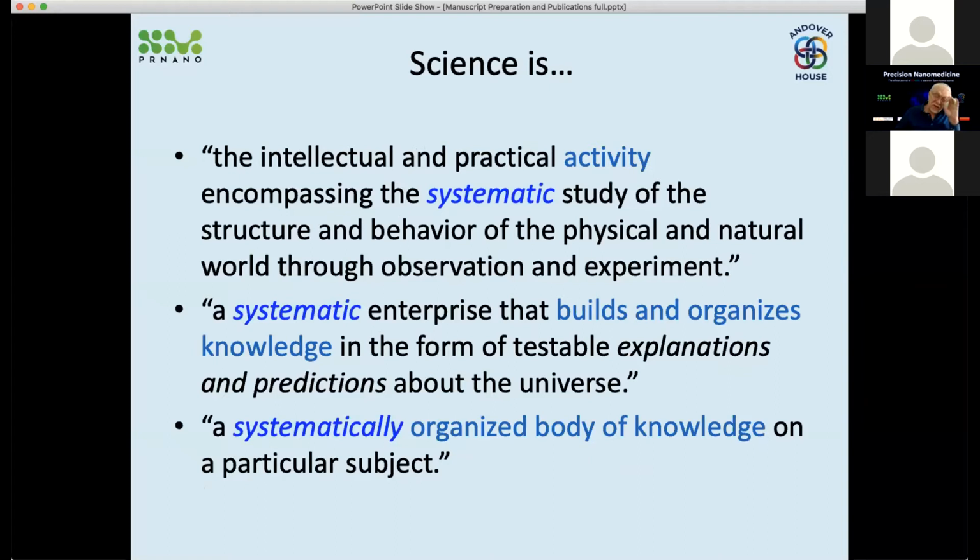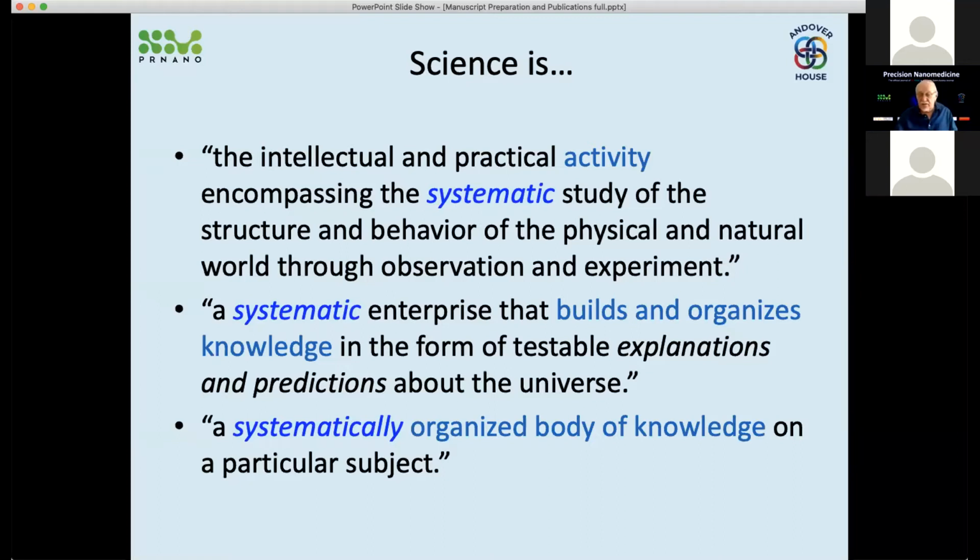Science is a practical activity encompassing systematic study, a systematic enterprise that builds and organizes knowledge, and itself the organized body of knowledge. If you look at it again, I intentionally highlighted systematic and systematically.